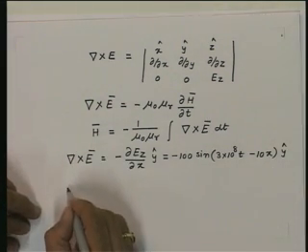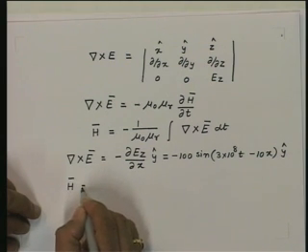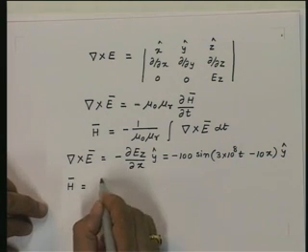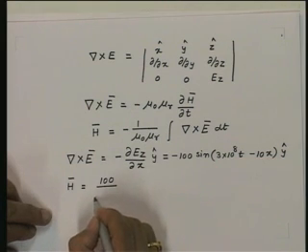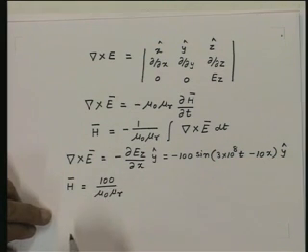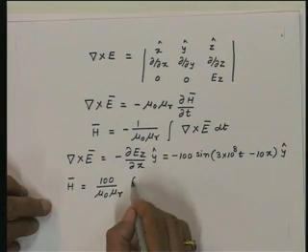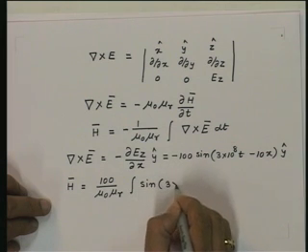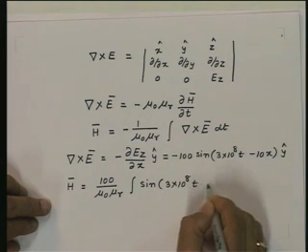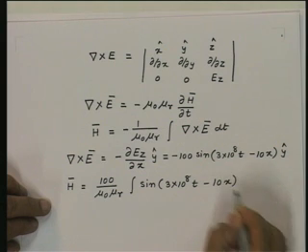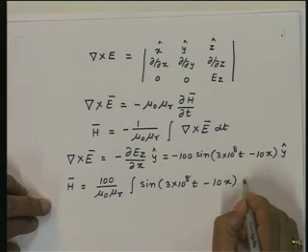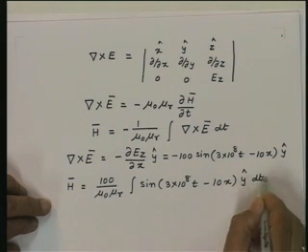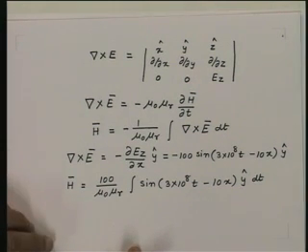And therefore, the magnetic field for this would be 100 upon mu 0 mu r. This minus sign cancels with this. So, you have here plus sign integral of sine of 3 into 10 to the power 8 t minus 10x, y cap dt. This integration is very straightforward with time.